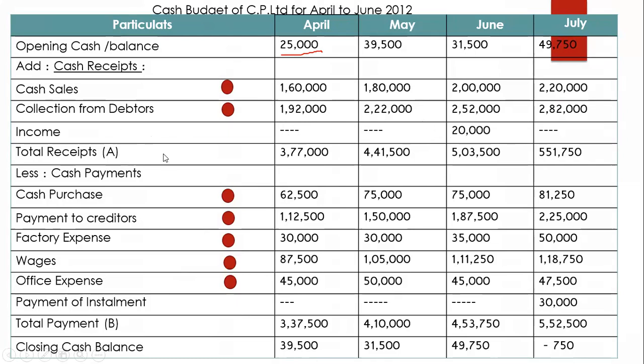Now we'll do the total receipts, the total of the receipt side, but only for the April month. So for April, 25,000 plus 1,60,000 plus 1,92,000, the total receipts are 3,77,000. Same way we will write down the cash payments. First we will write down the cash purchase.